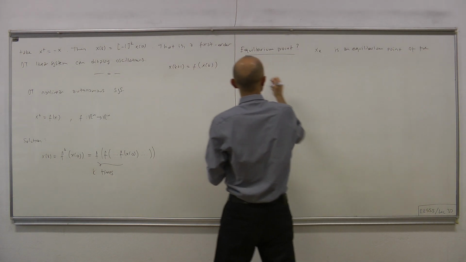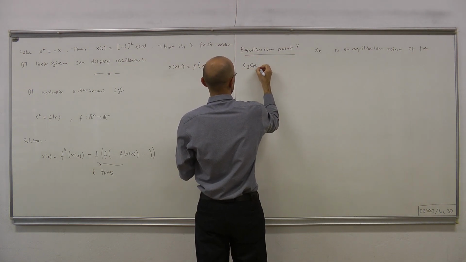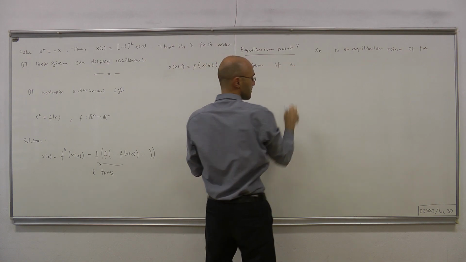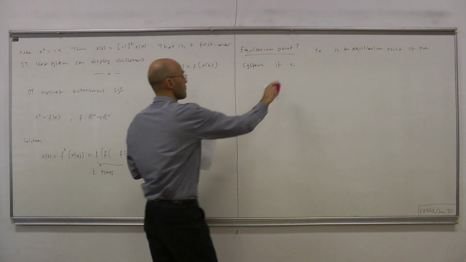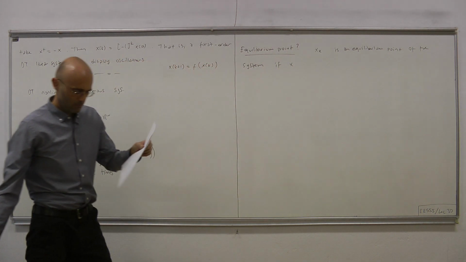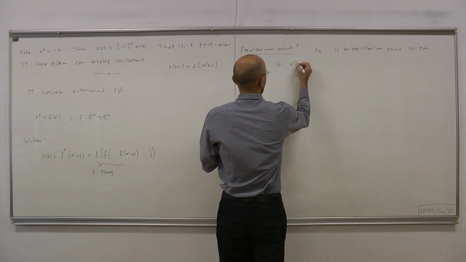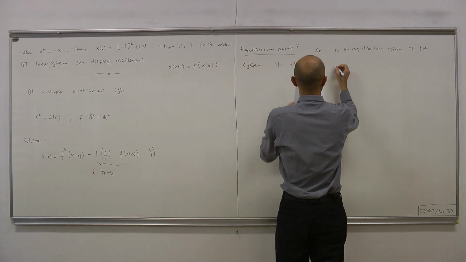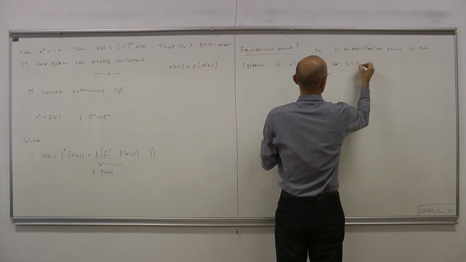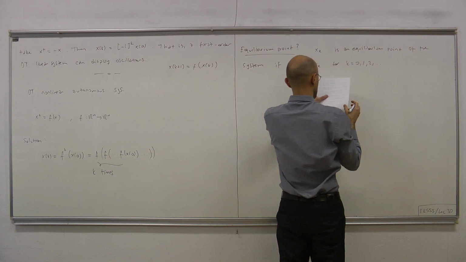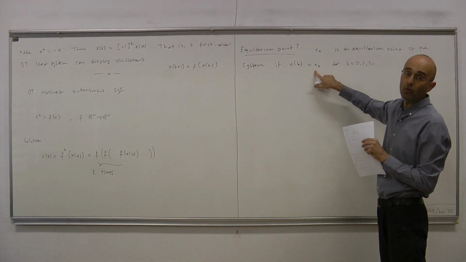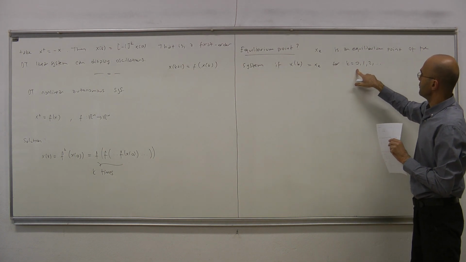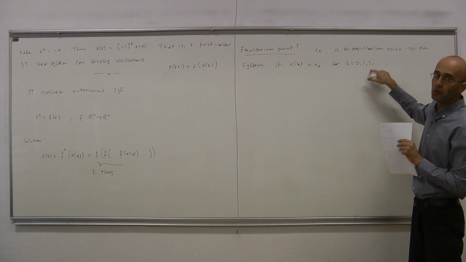xe is an equilibrium point of the autonomous system if x of k equals xe for k equals 0, 1, 2, and so on. Here we have a sequence starting from k equals 0, and then we go to 1, 2, 3, and so forth.